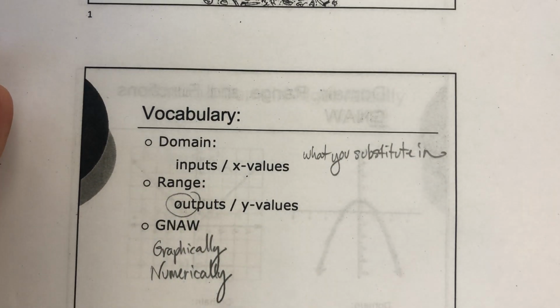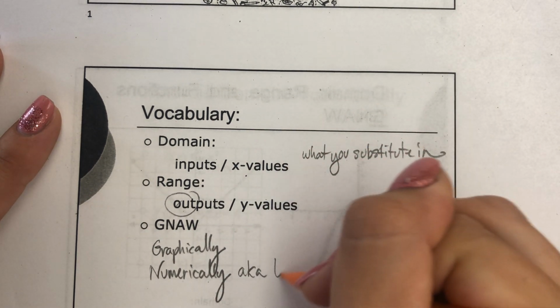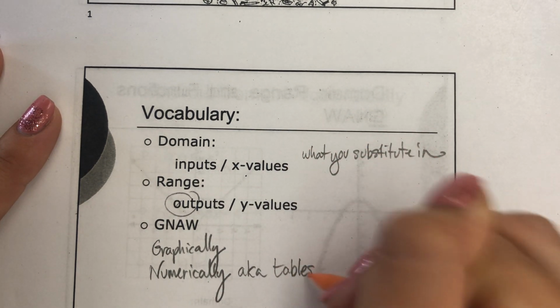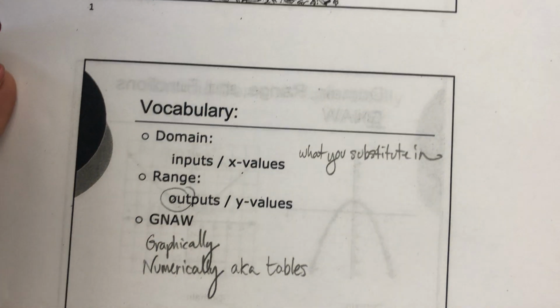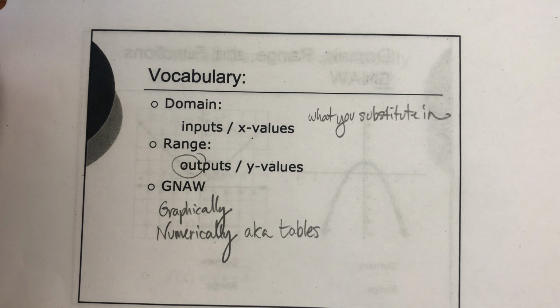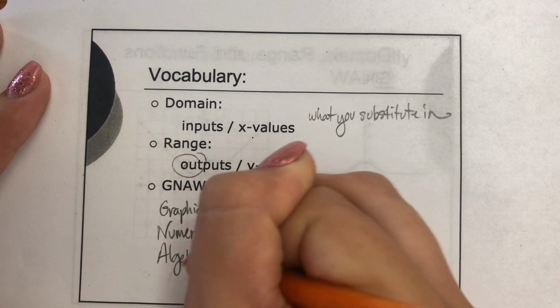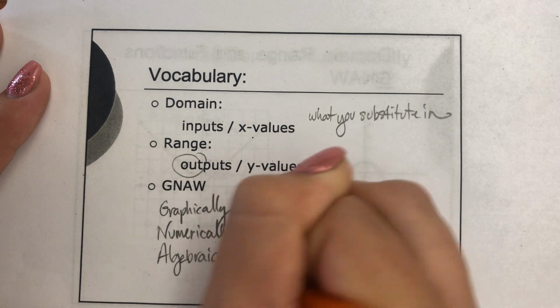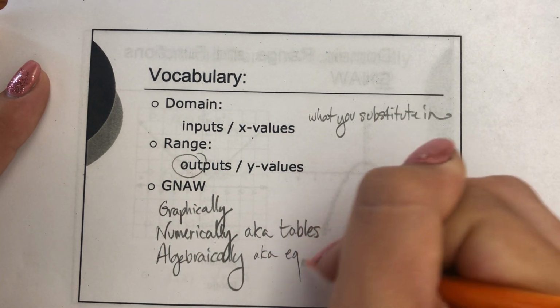The N stands for numerically. Anything we study, we're going to substitute numbers into. A lot of times people call it tables, so we're going to make tables of values. So that's the N. A stands for algebraically, which would be like equations.